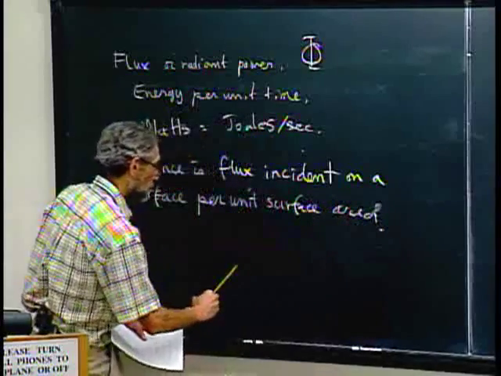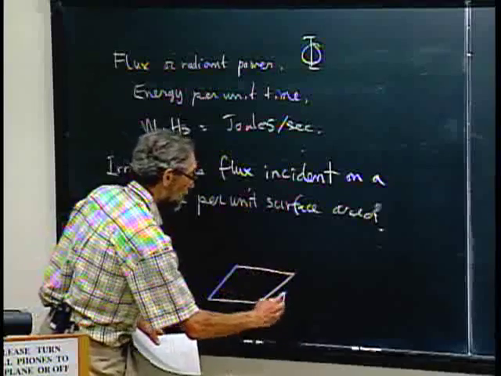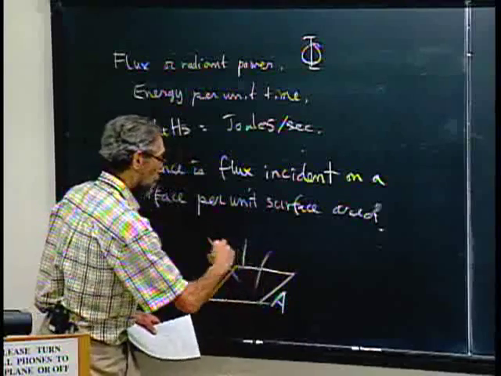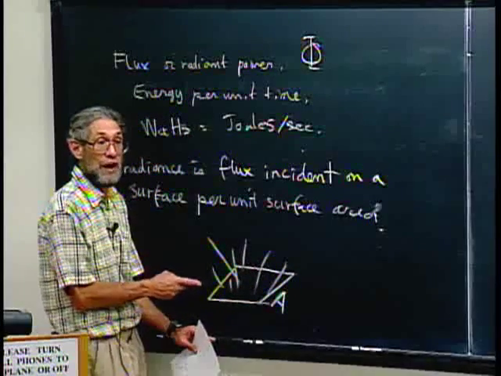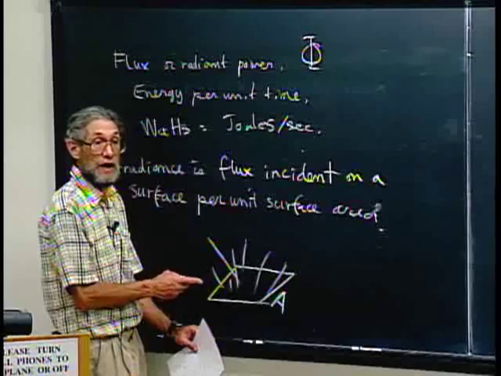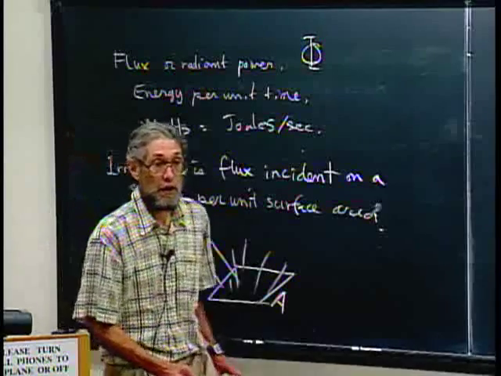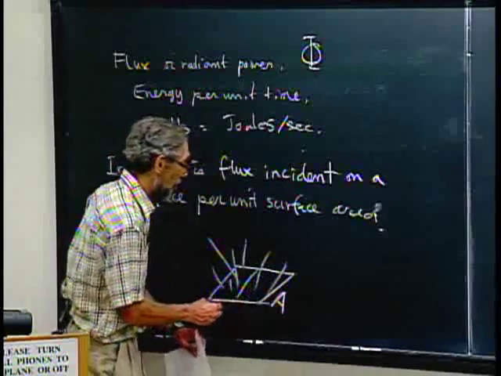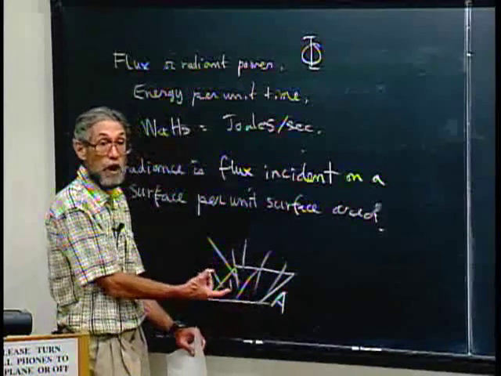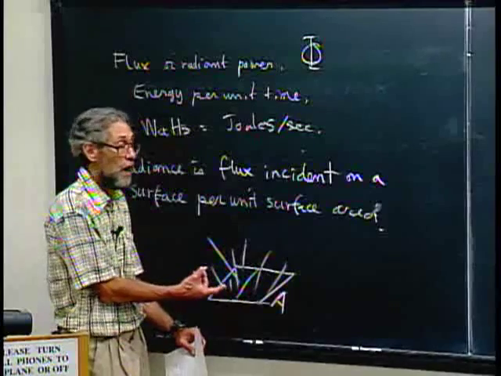So if we have a piece of surface area here, A, and we have these photons coming from all directions and hitting it, and we measure how many hit it per second, that's flux, and then we divide by the area, then that's irradiance. So if these are sort of coming randomly, we would have half the area, we'd have half the flux, but we'd still have the same irradiance.